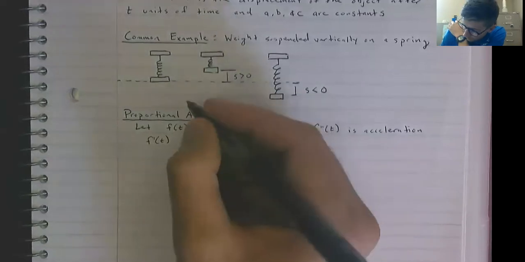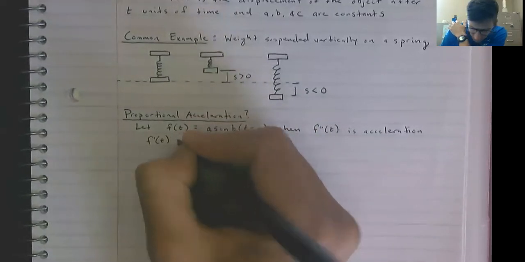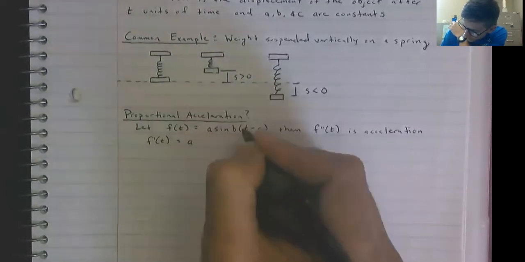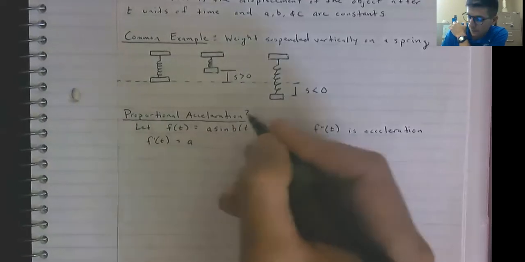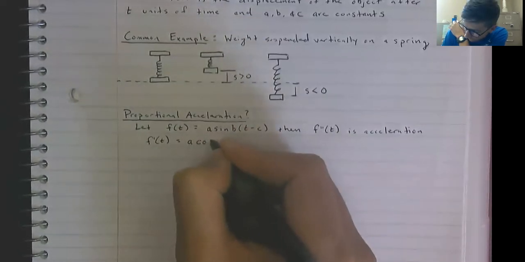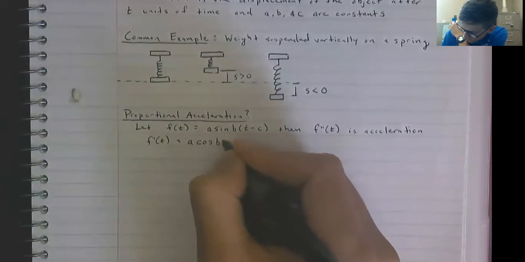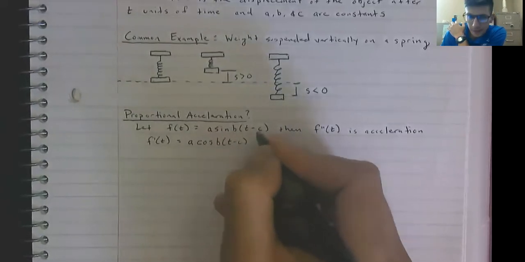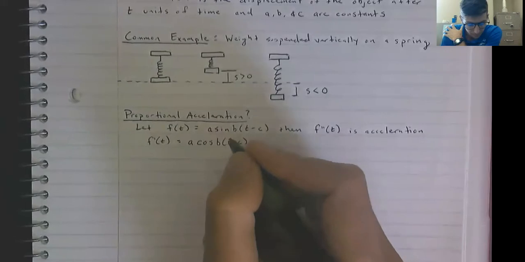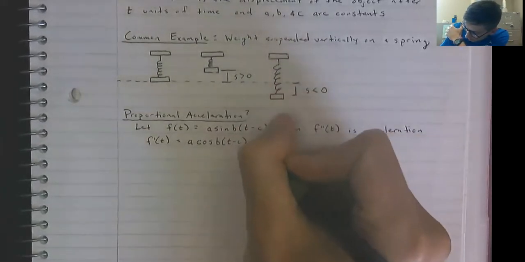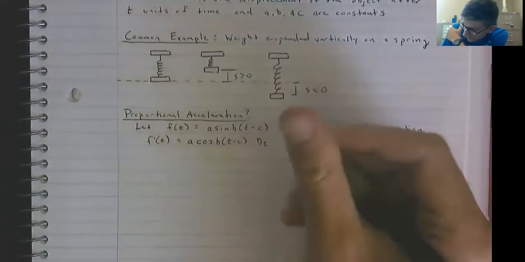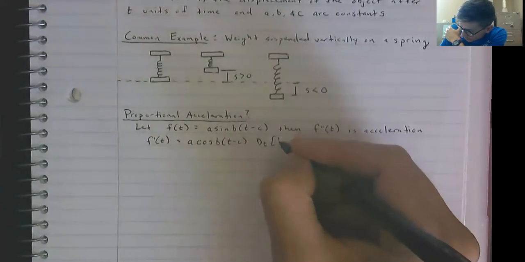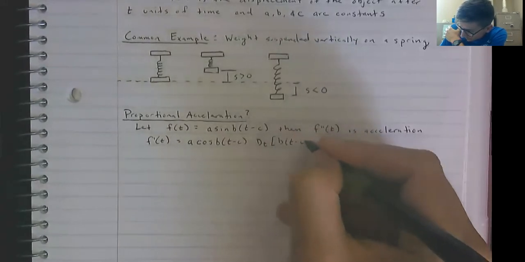So f prime of t is going to be equal to a, the outer derivative on the sine function is cosine of b times t minus c. We don't touch that in the first derivative, times the derivative with respect to t of the inner guy, which is b times t minus c.